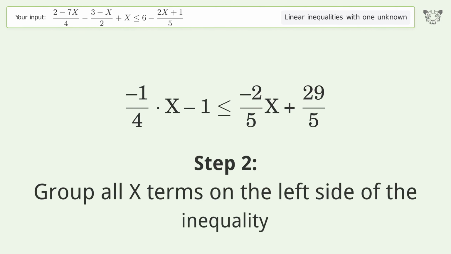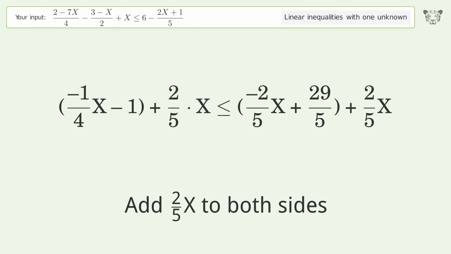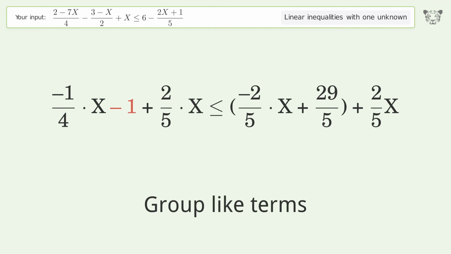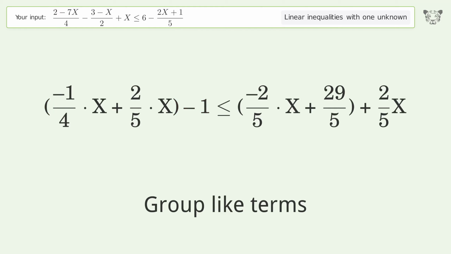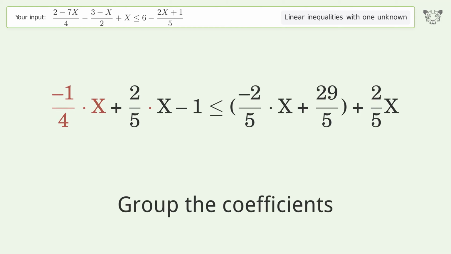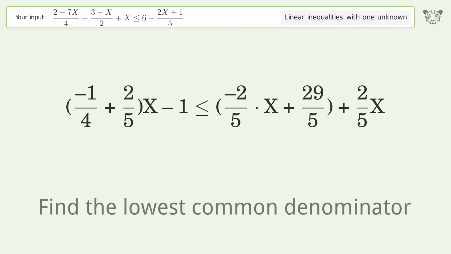Group all x terms on the left side of the inequality. Add 2/5x to both sides. Group like terms. Group the coefficients. Find the lowest common denominator.